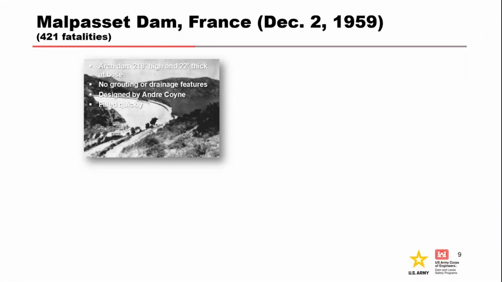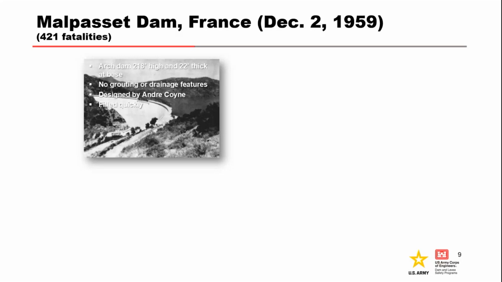A notable arch dam failure was the 217-foot high Malpasset Dam in southern France. The dam was 5 feet thick at the crest and 22 feet thick at the base.